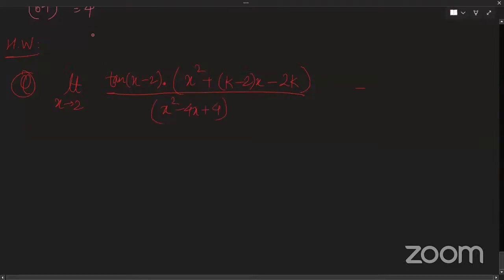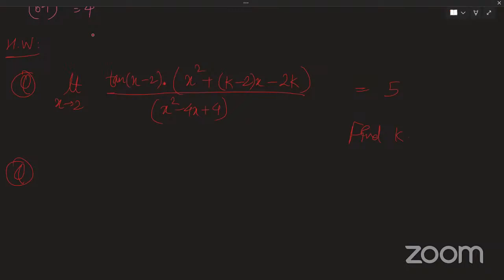The value of this limit is 5, and it is asking you to find k. How will you do it? Anyone? Differentiation. Yeah, obviously, that is why I've given the question. I don't know why you are not answering.